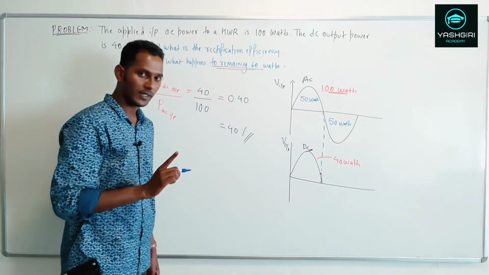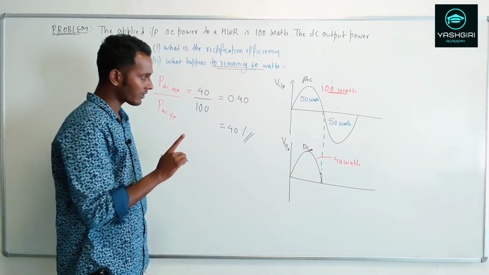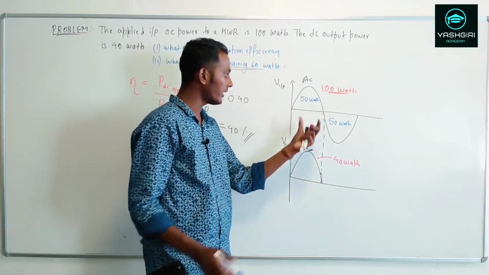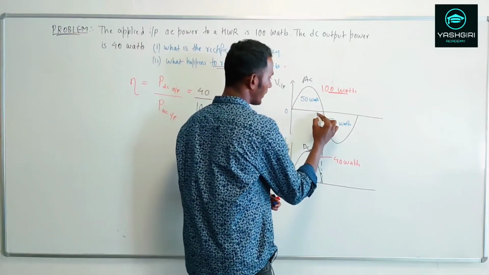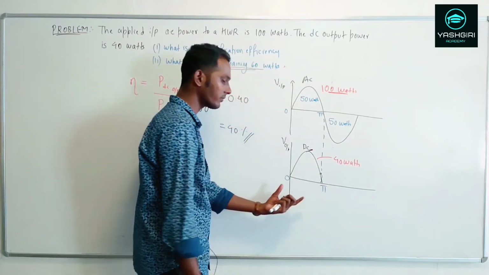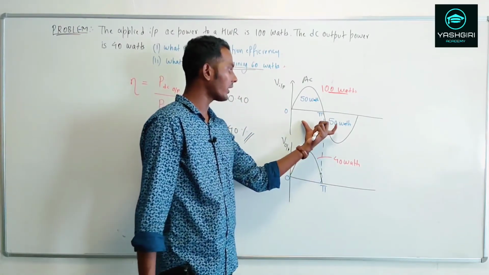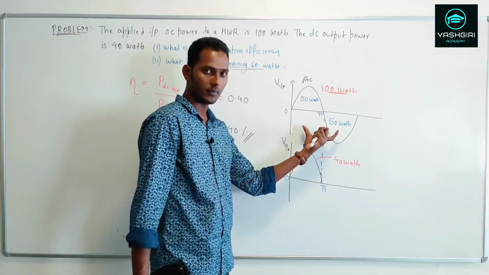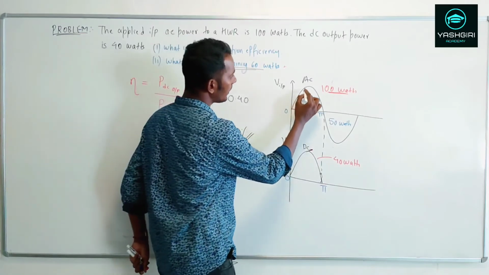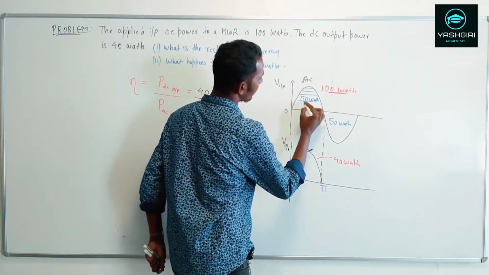And what we know is that the design we have constructed for the half wave is going to rectify just the positive half cycle, that is from 0 to pi, correct? So the rectification is just half of the input signal that we are giving. The rectifier circuit takes only this positive half cycle for the rectification.